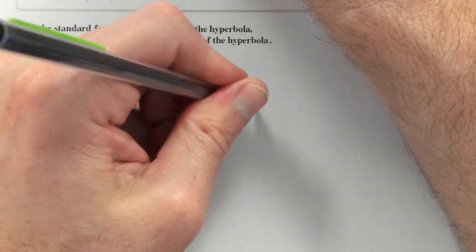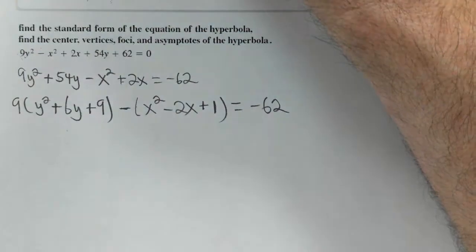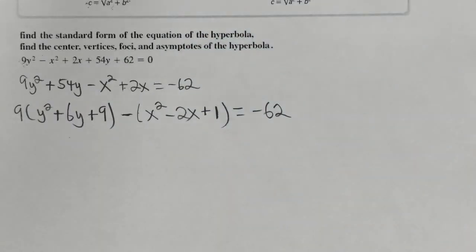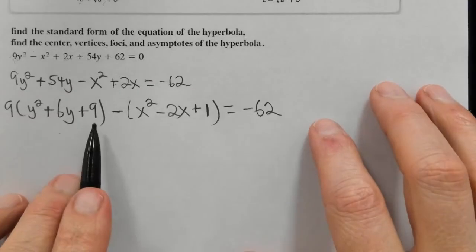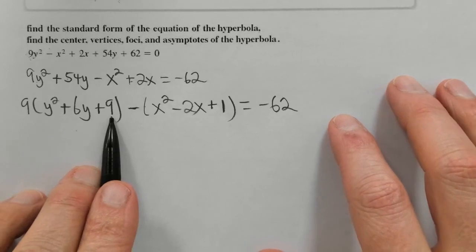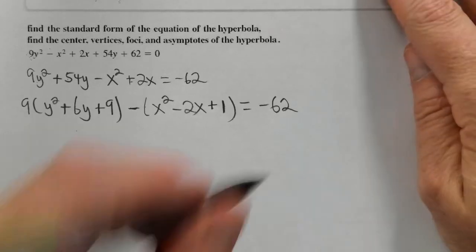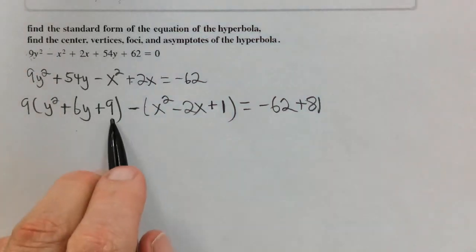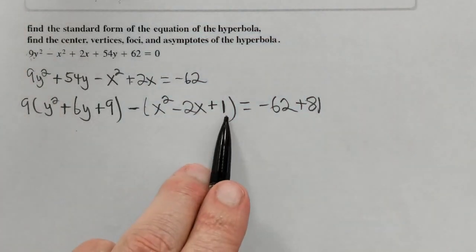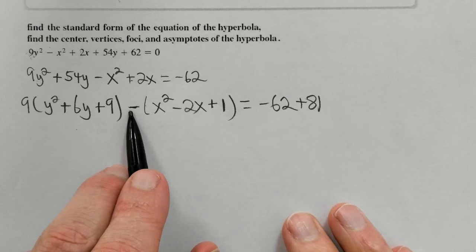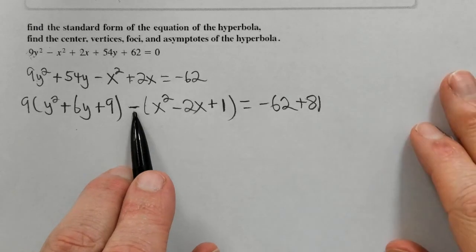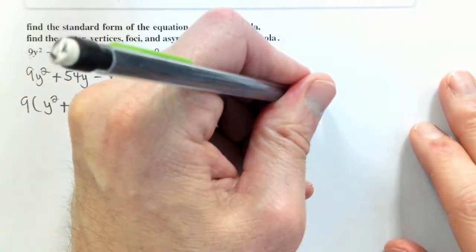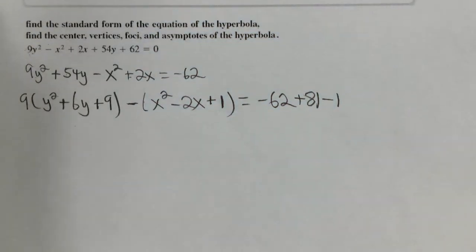Equals. Now there was a -62 over here, but remember, I've got to make the adjustment of what I added or subtracted in order to keep it equal. And so what I need to do here is I added 9, but I didn't just add 9, I added 9 times 9. So that's plus 81. And here, I added a 1, but I really added a -1 because I've got to take this into consideration here. So I'll do -1. All right.